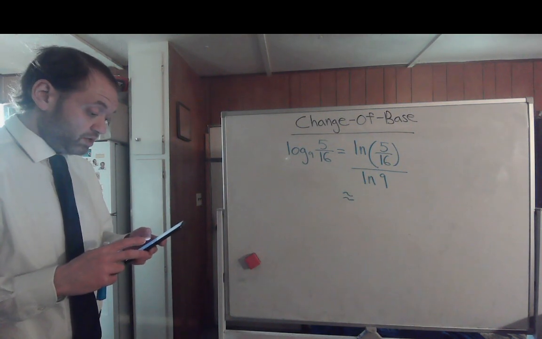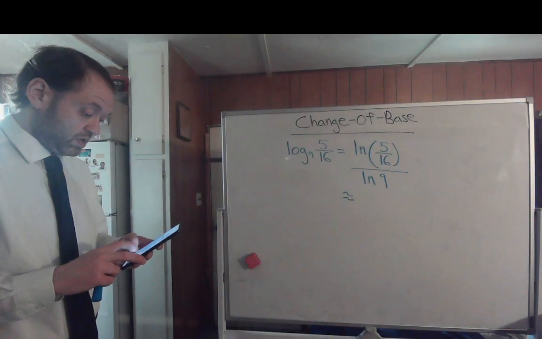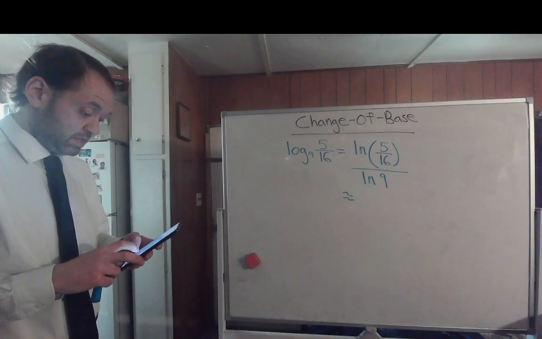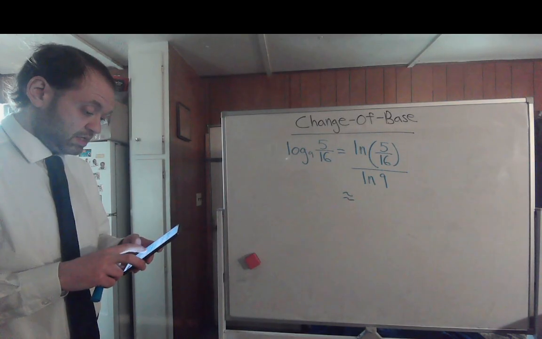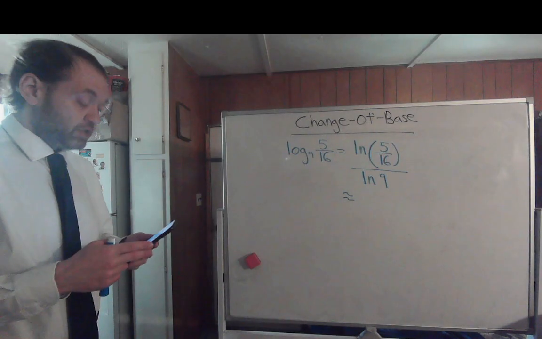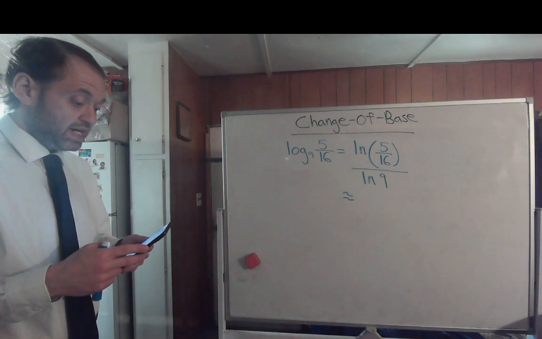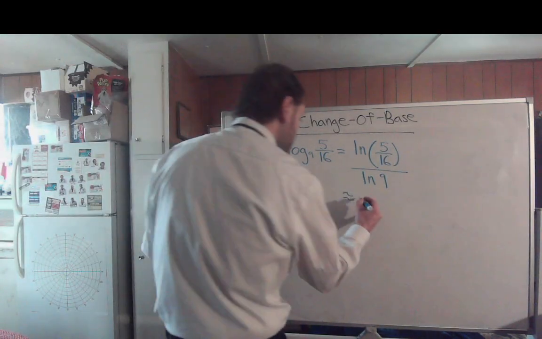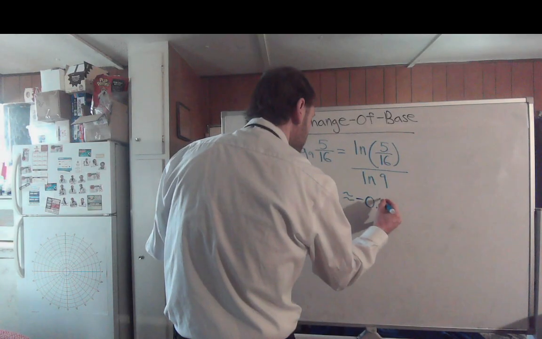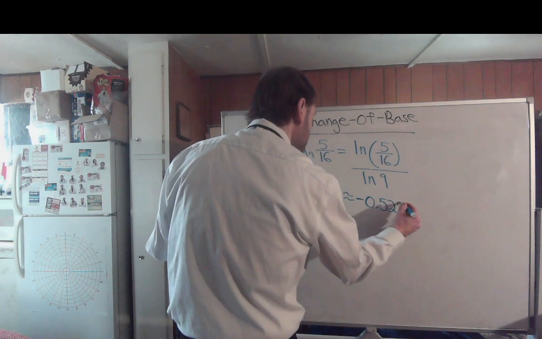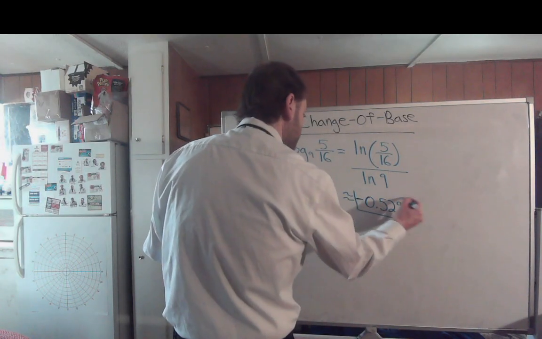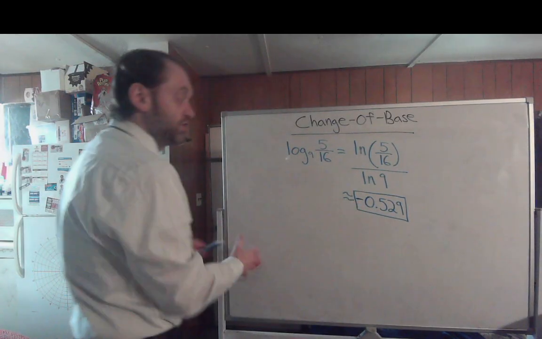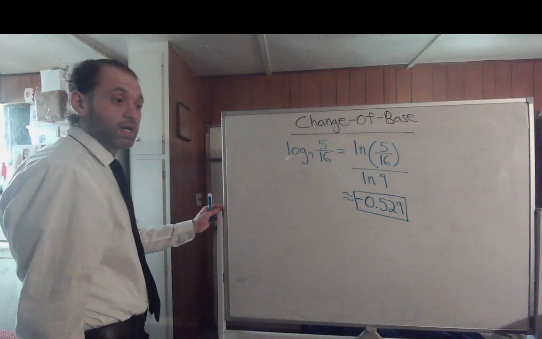All right, so let's go ahead and do this. You actually get a negative number, about negative 0.529. That's the first negative one we've had, but yes, you get about negative 0.529 for your decimal approximation.